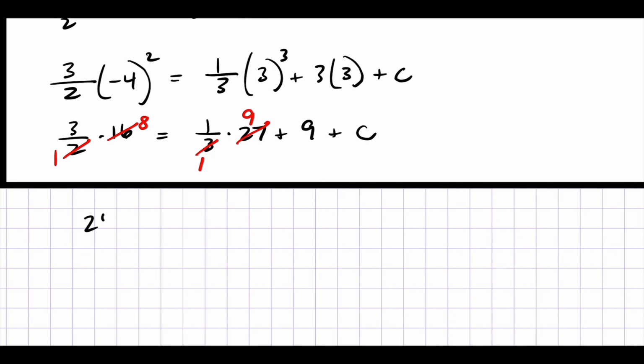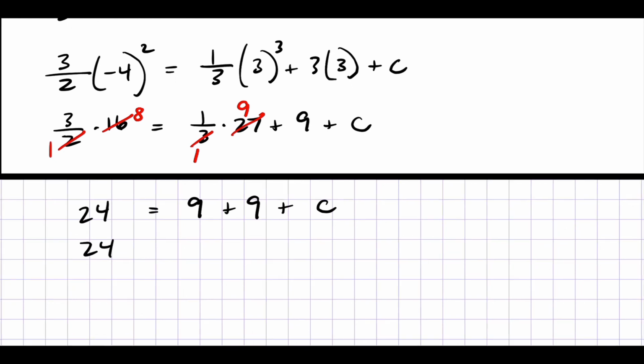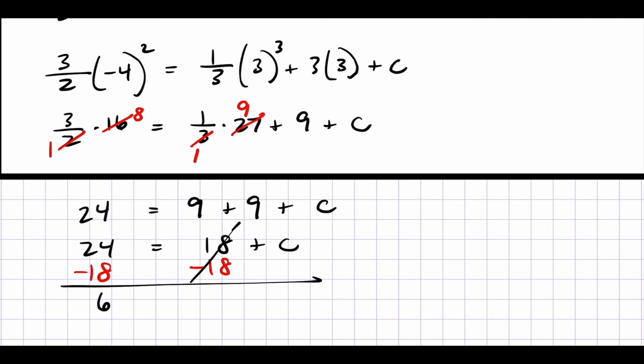So over here I get 24. Over here I get 9 plus 9 plus c. So I get 24 equals 18 plus c. Subtract 18 from both sides. I get 6.